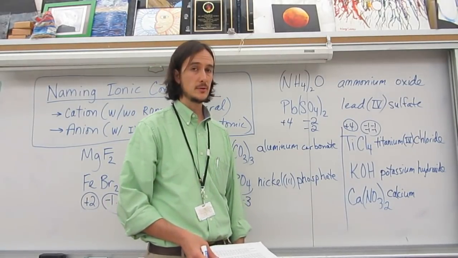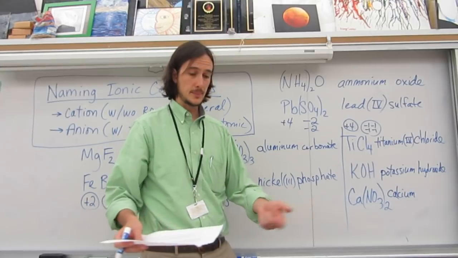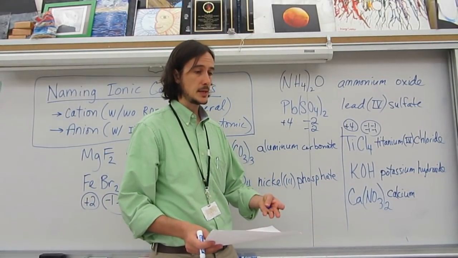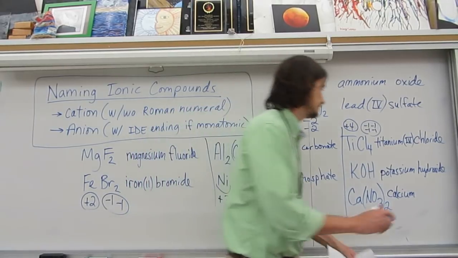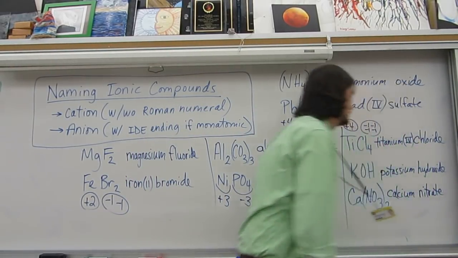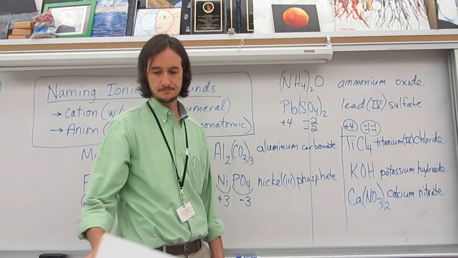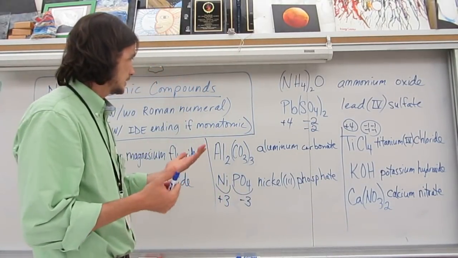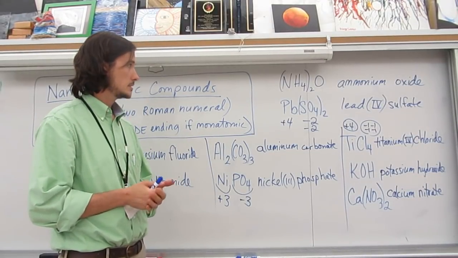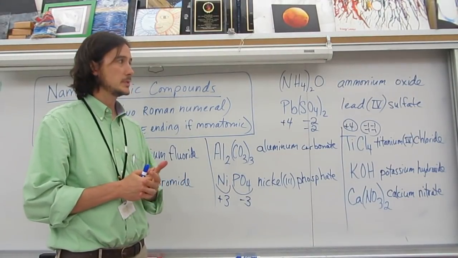That is called nitrate, a very common ion in chemistry textbooks. And so it's a polyatomic ion, we just write the name of it. So calcium nitrate. Alright, so this is just an introduction to naming ionic compounds. Next, we'll write the formulas from the names.